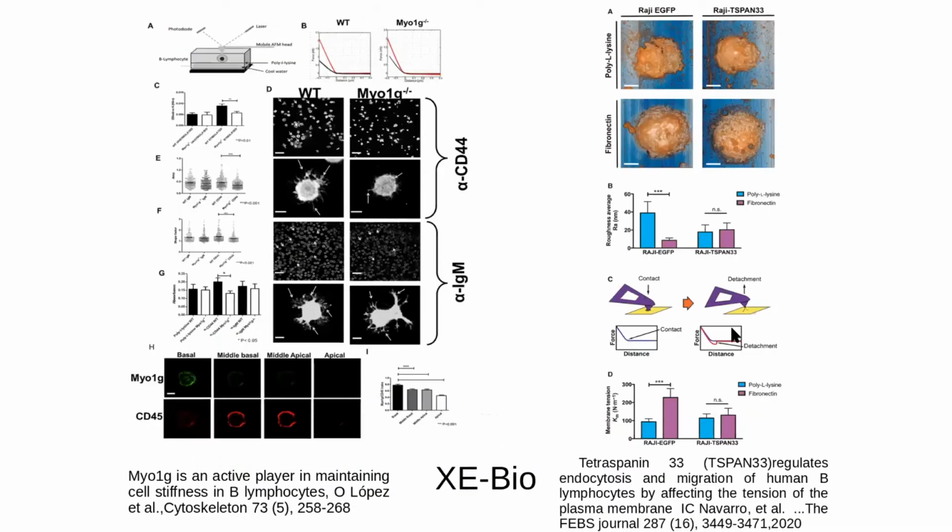Now, let me give you an example of using the AFM, the microscope, to collaborate with people in biology. There are two examples of lymphocytes and how the mechanical properties of the cells affected by two particular proteins can have an effect on the behavior of the lymphocytes.